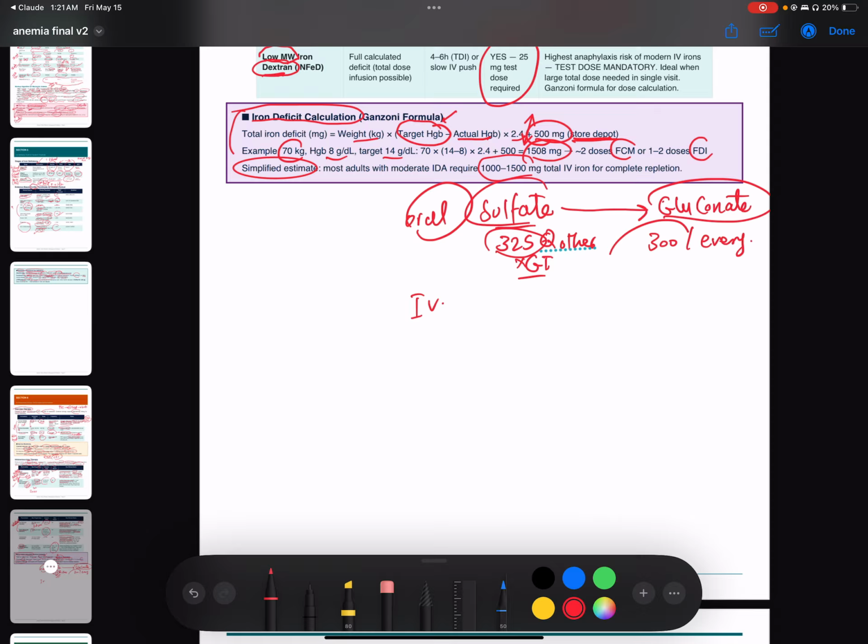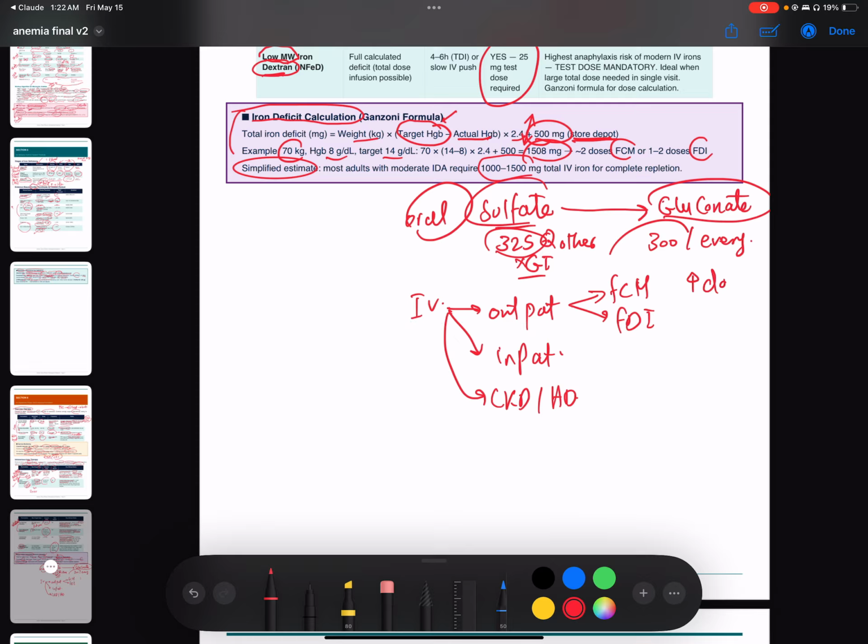Then when it comes to the IV iron, it will differ in how much dose you give and the visits. So we have outpatient versus inpatient versus CKD on hemodialysis. For outpatient, you have the FCM or FDI. Why FCM or FDI? Because you can give a high dose with fewer visits, right? You don't want them to come every day for an infusion.